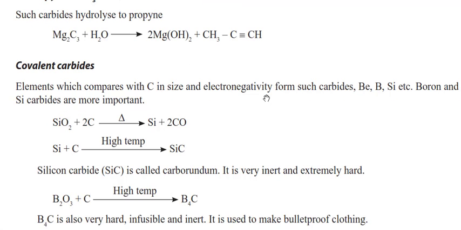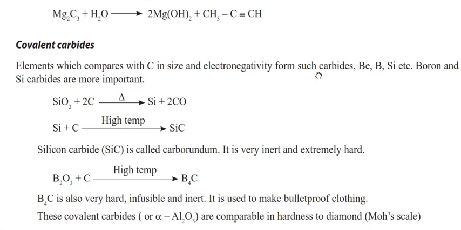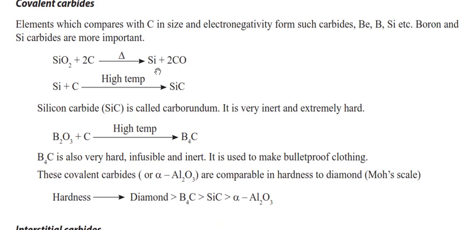And covalent carbides are also available. One is ionic, another one is covalent. As you know, this depends on the electronegativity. If the electronegativity difference is high, then you get an ionic structure, and if the electronegativity difference is low, you will get a covalent character.